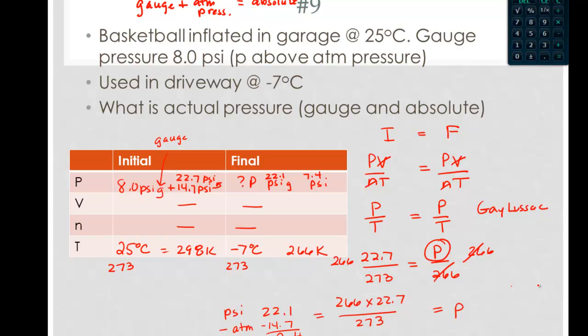But notice, to go from a gauge pressure to absolute pressure, you're going to add atmospheric pressure on, and then to get back to the gauge pressure, you will subtract atmospheric pressure. A gauge pressure will be less than absolute pressure.